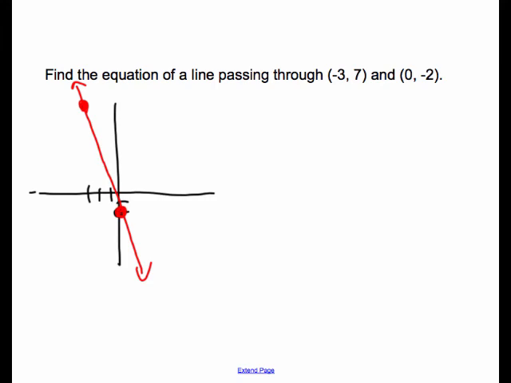And we are going to use point slope form to calculate the equation of the line. Alright, to use point slope form we need to know 1 specific point on the graph. We actually know 2. So we have more than we need. We do need the slope. So I'm going to need to calculate the slope between these 2 points. So I'm going to use my slope formula.